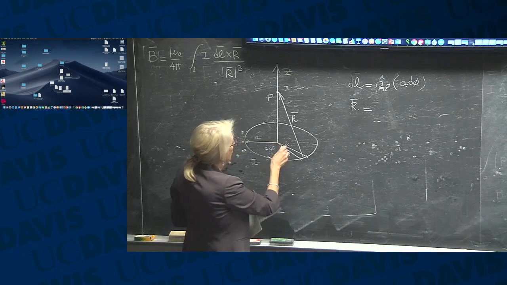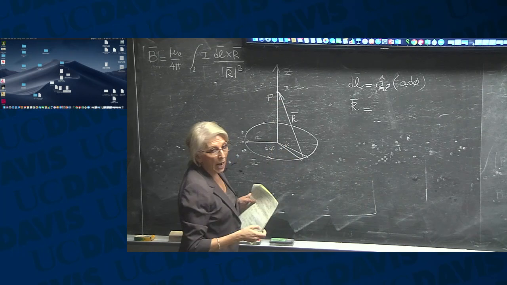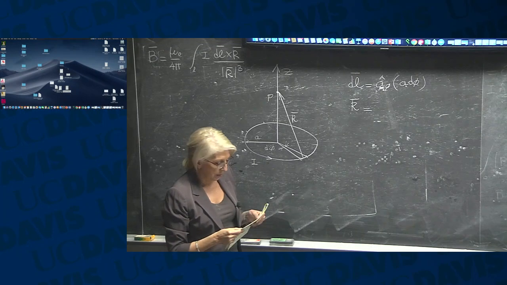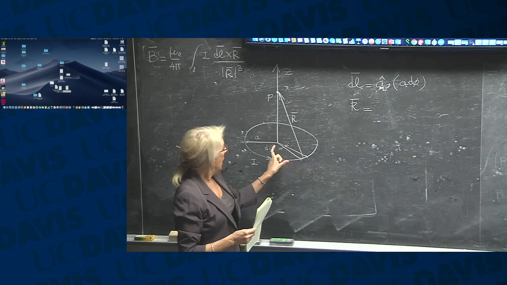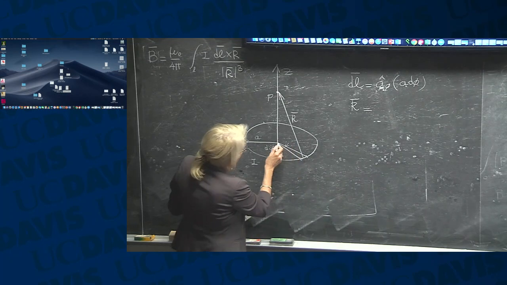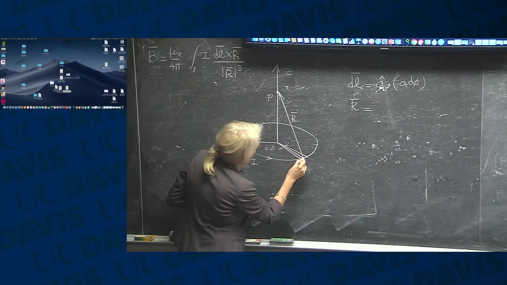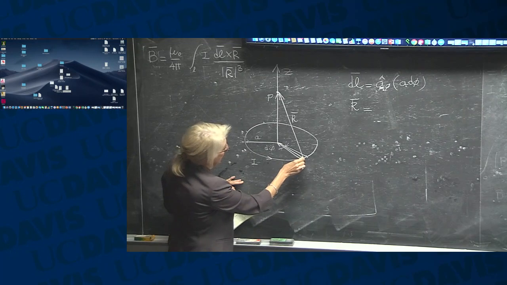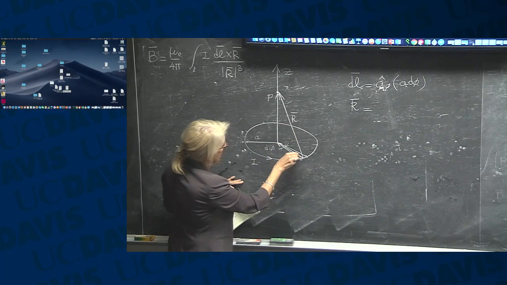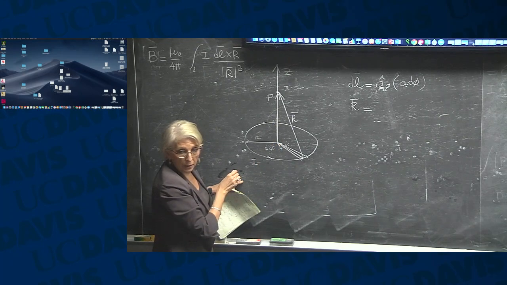But here, what is the component along the r direction? A, the radius, but in fact, R has this component. I don't have other colors in the chalk, I'm sorry, but it has this component and this component. R has these two components.